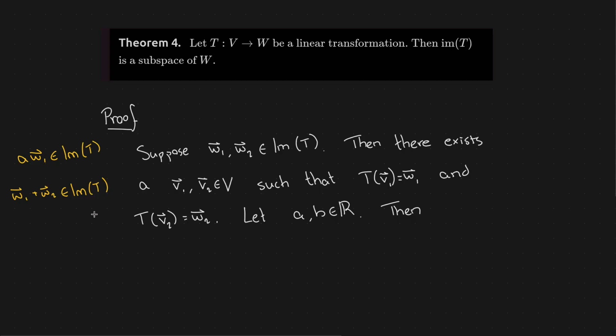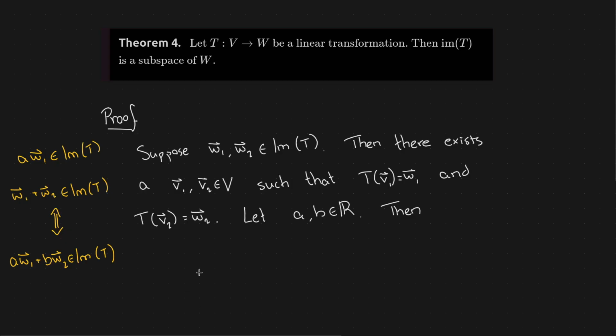We need to show closure under vector addition and closure under scalar multiplication. We've seen, though, that this is going to be equivalent to just showing every linear combination of two vectors that are in the subspace is still in the subspace. So I'm going to do both of these things at once by making sure that if I take a linear combination of two vectors that are in the image of T, that linear combination is also in the image of T. That would prove that the image of T is a subspace.